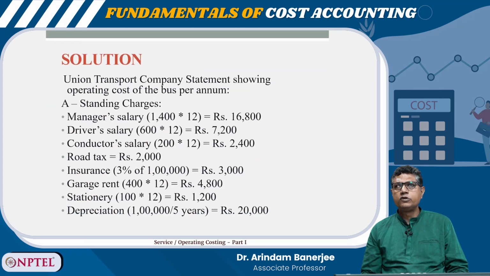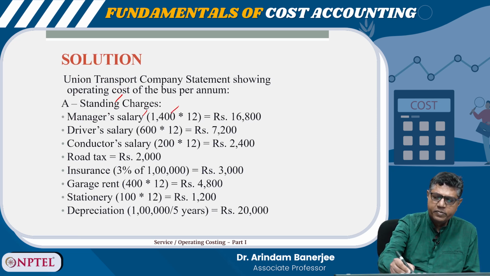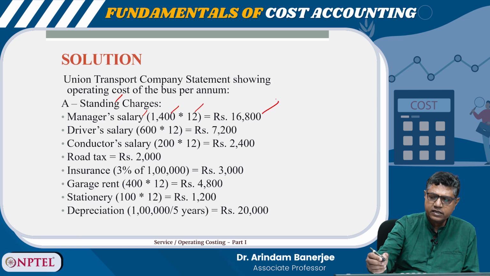Union Transport Company, statement showing the operating cost of the bus per annum. Standing charge means fixed charge. Manager's salary, 1400 per month into 12, rupees 16,800. Driver's salary 600 into 12, rupees 7,200. Conductor's salary 200 into 12, rupees 2400.